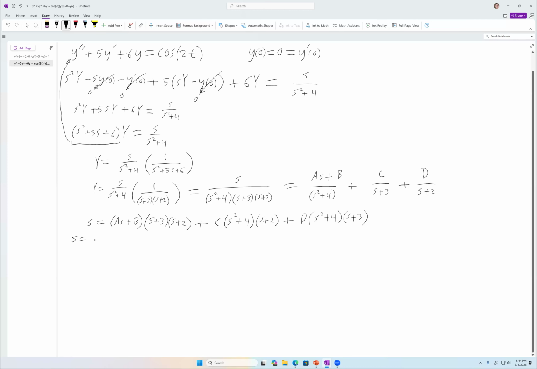So we're going to have S equal to (AS squared plus 2AS plus BS plus 2B) times (S plus 3), and then this is going to be (CS squared plus 4C) times (S plus 2), and then we're going to have this DS squared plus 4D.